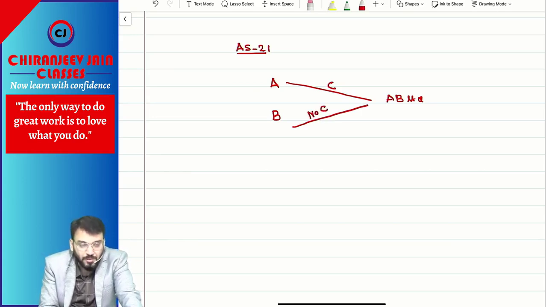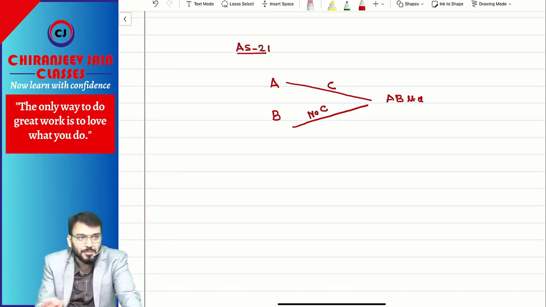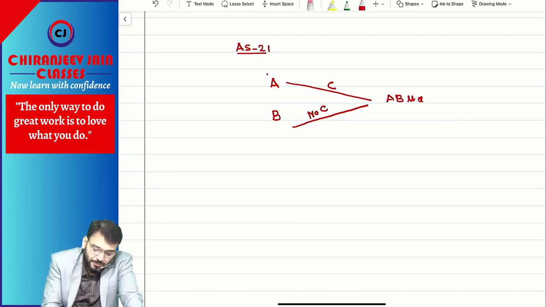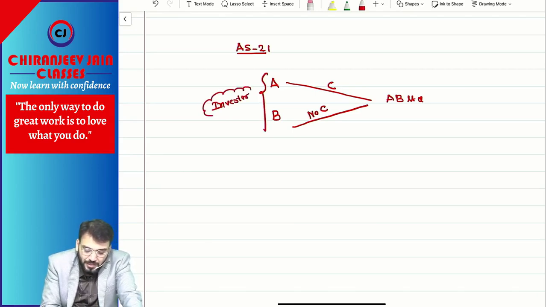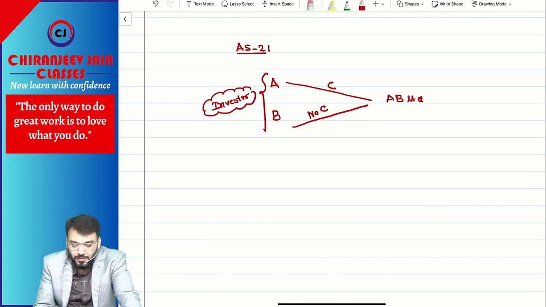A becomes the parent company and AB Limited becomes the subsidiary. But both A and B are investors, both invested in the equity shares of AB Limited. But A has control, and B does not have any control.